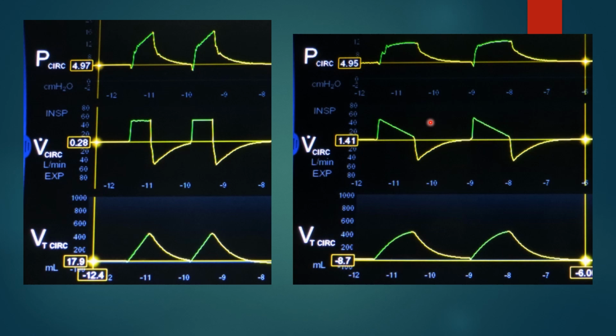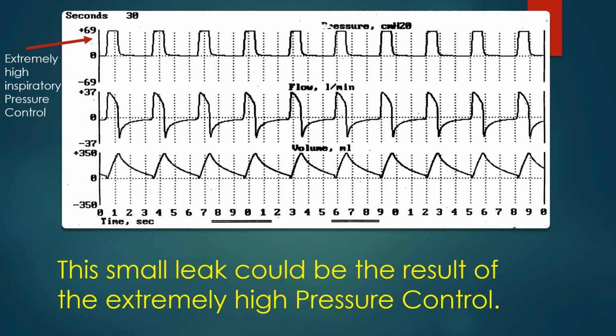And so let's take a look at the pressure versus time scalar waveform. Here is our pressure waveform in pressure control. And you can tell we're controlling the pressure because the pressure is staying constant all during inspiration. And so the pressure waveform is pretty flat on top in most cases.